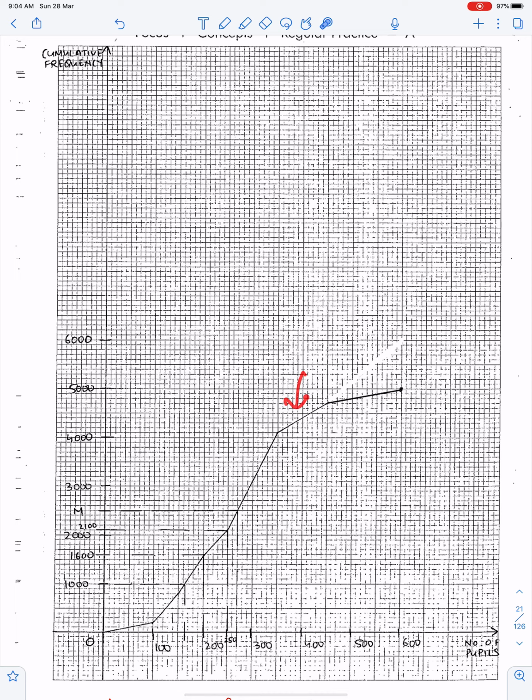This is known as the cumulative frequency polygon. I normally go for the cumulative frequency polygon. Now this is 5,000, and half of 5,000 is 2,500, and this will be the median.